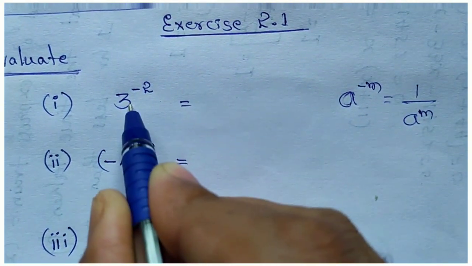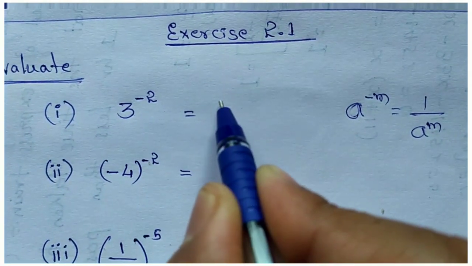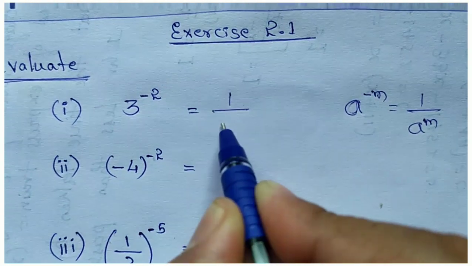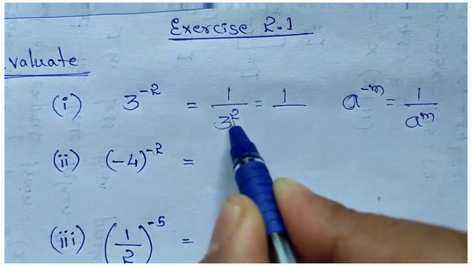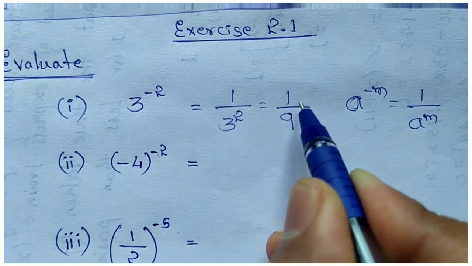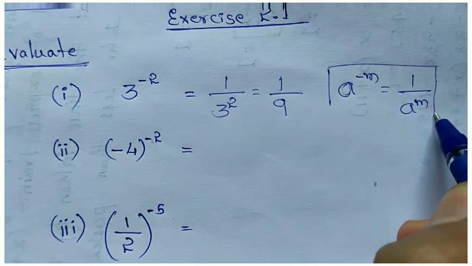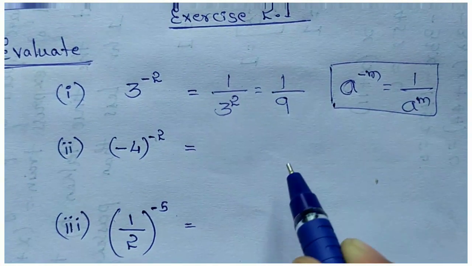Okay, so this one I will rewrite like this, 1 by 3 square. Okay, so that will be 3 square means 9, so our answer will be 1 by 9. Okay, this is our identity.